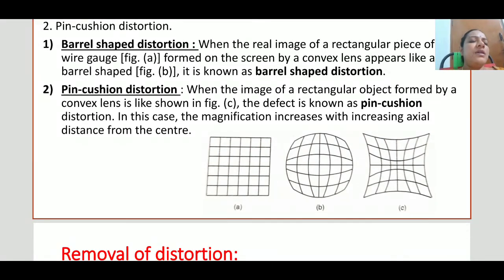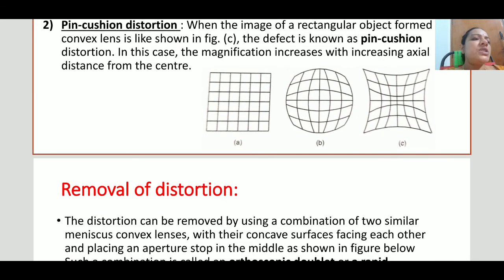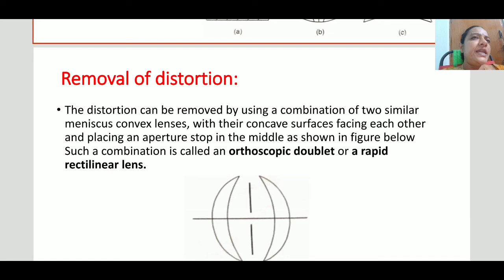This is about today's class. Almost all types of aberrations we have completed, and I think this aberration chapter is completed. The sequence of study in this lesson was the classification of aberrations into two types. When white light is used, chromatic aberrations arise, and if we use monochromatic light, monochromatic aberrations arise, which depend upon the optical system.